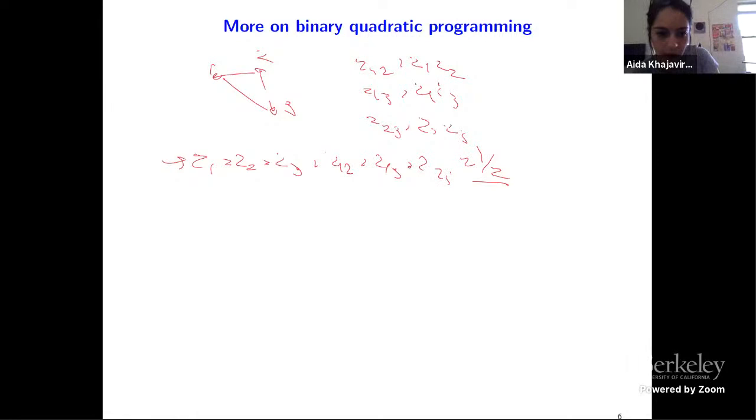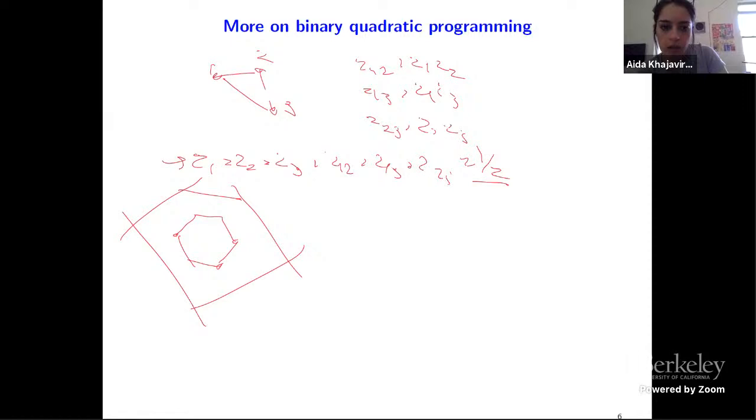So what do I mean? Let's say this is the polytope I'm interested in. And then let's say this is my original relaxation. What I want to do is to tighten this relaxation.